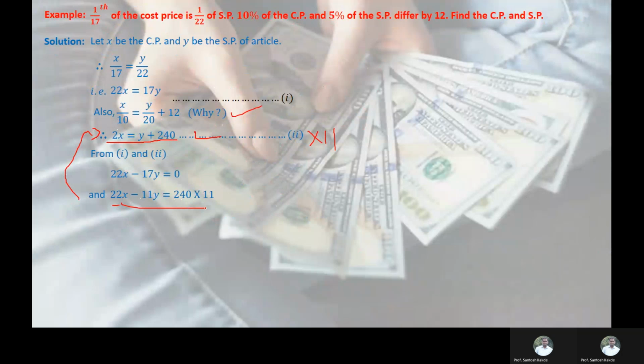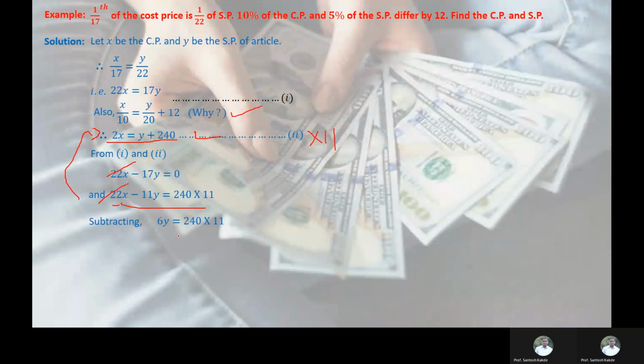Just subtracting these equations, we get 6y is equal to 240 into 11. Remember this one, because all coefficients of x are the same, they get cancelled.